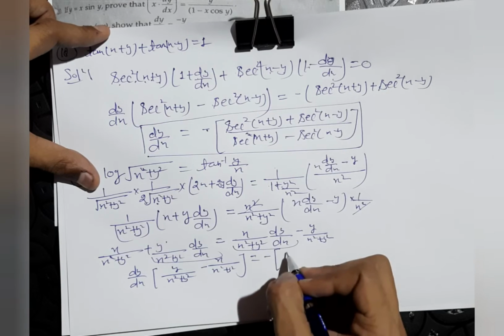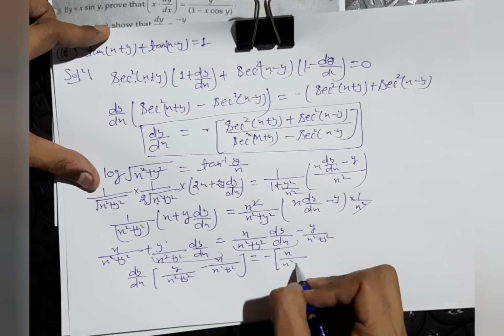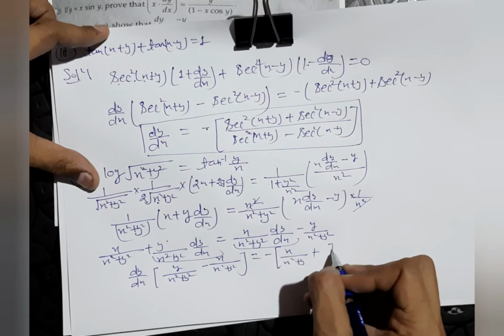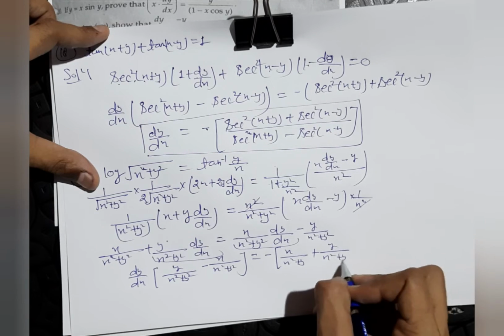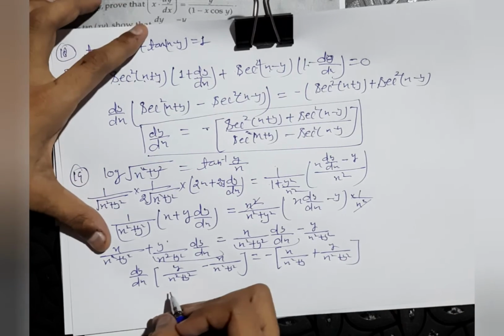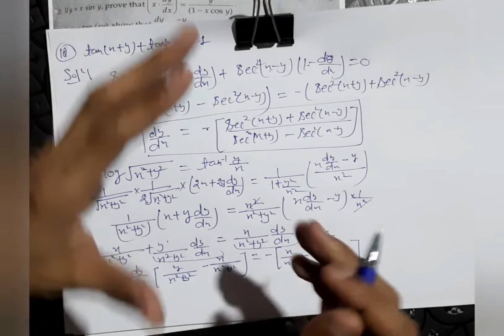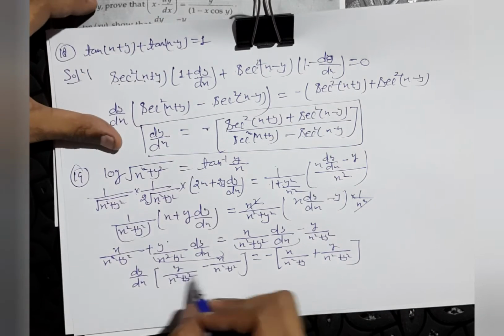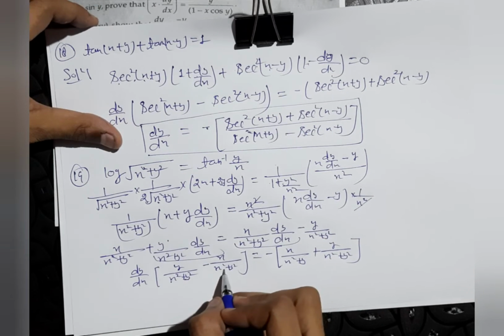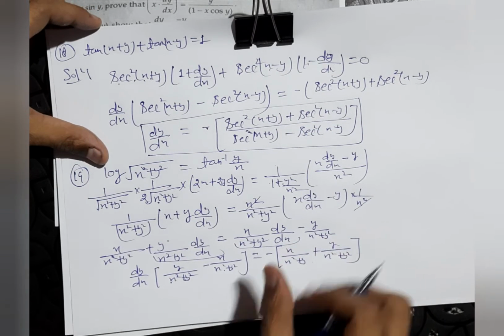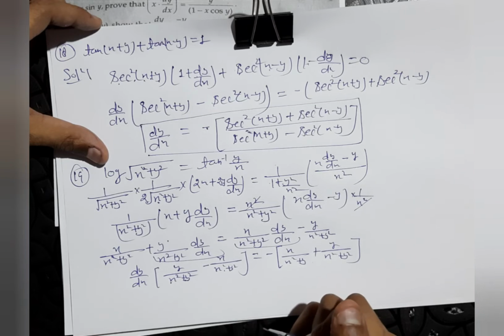So this is minus x divided by x square plus y square and plus y divided by x square plus y square, after taking the negative common. Here you can see x square plus y square is appearing in both. So the LCM of all these factors is x square plus y square, and the same for this value.